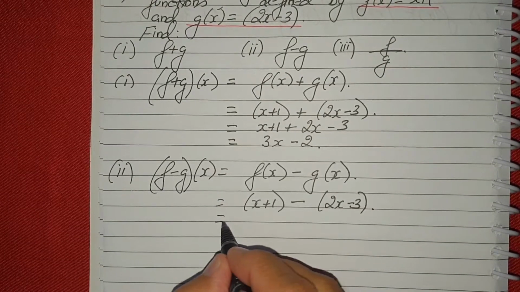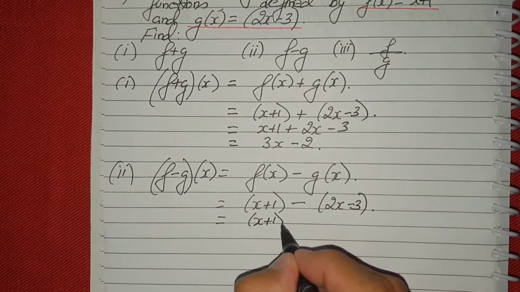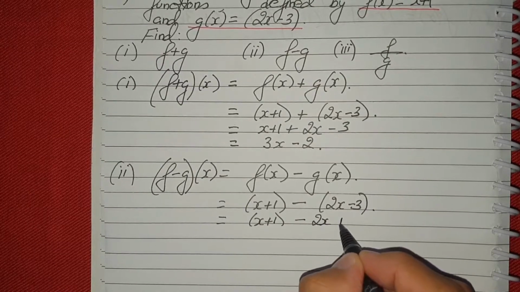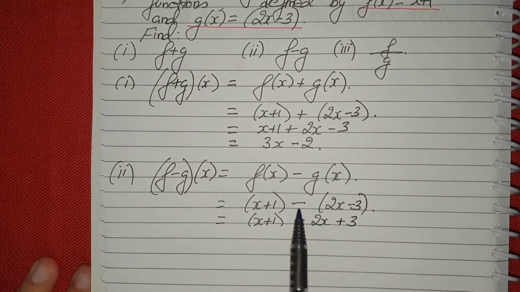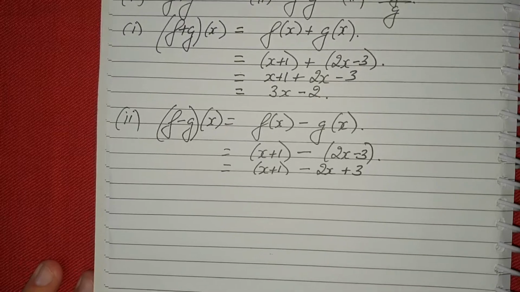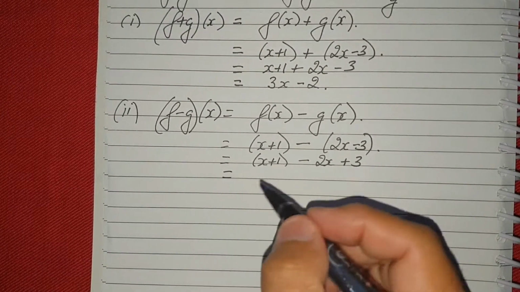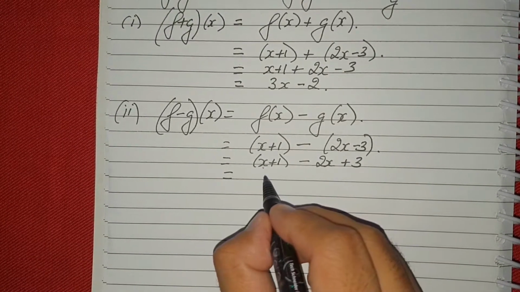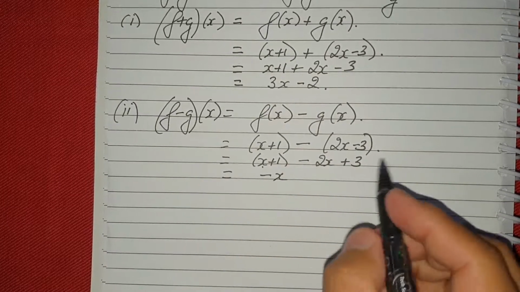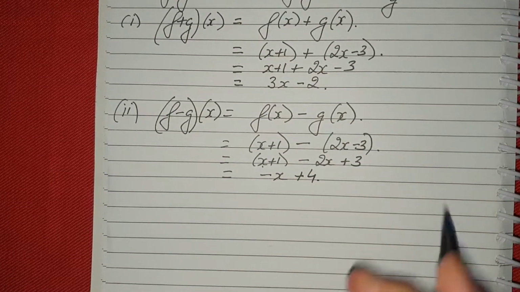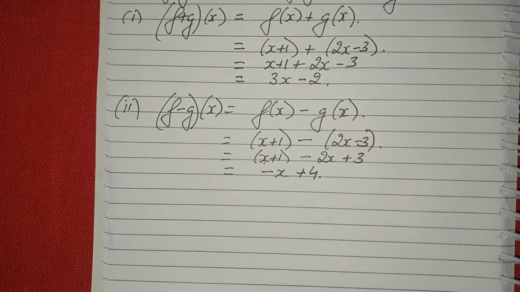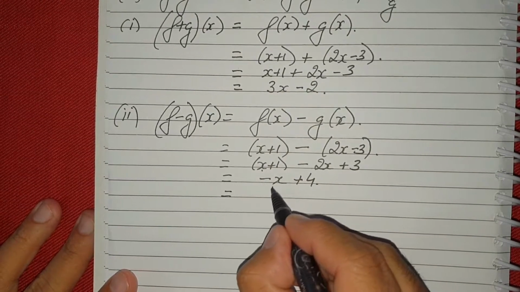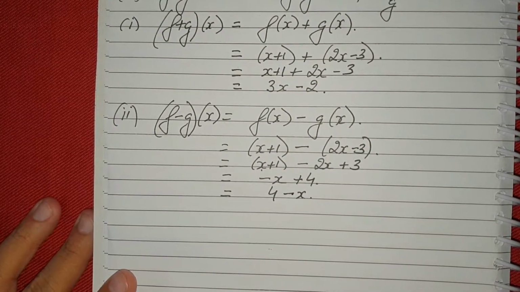Now open the bracket. So this is x + 1 - 2x + 3. Minus will become plus. So x - 2x is -x, 1 + 3 is 4. So basically the answer is -x + 4. You can write this as -(x - 4).